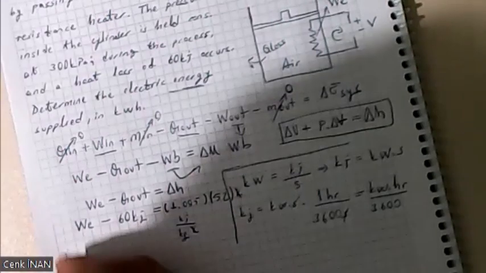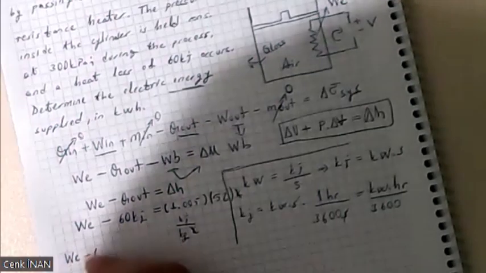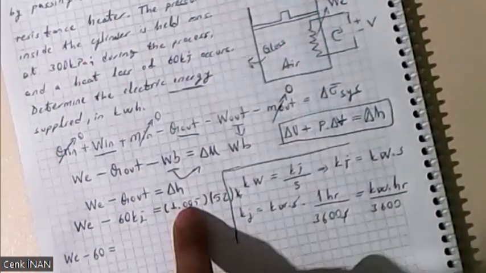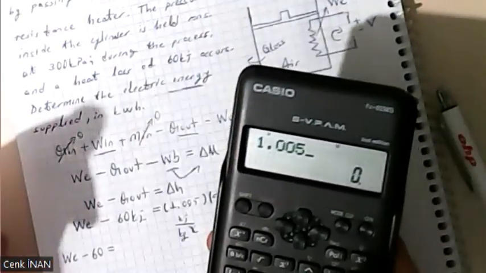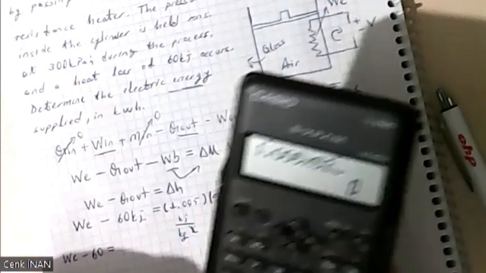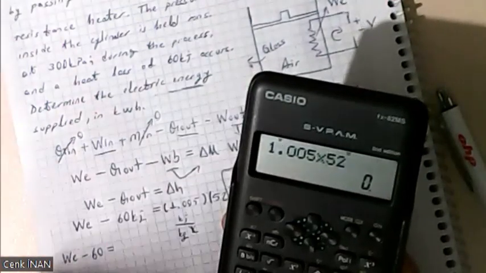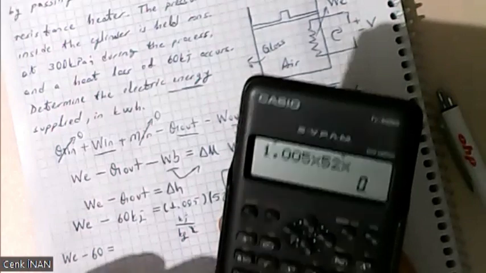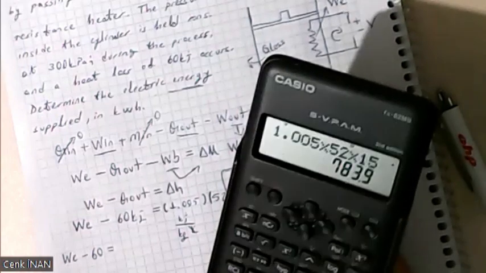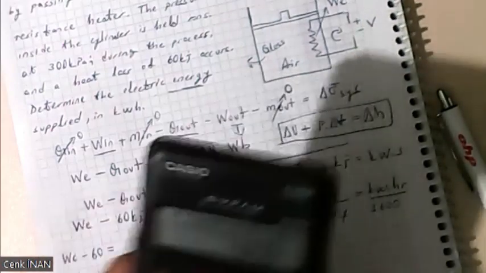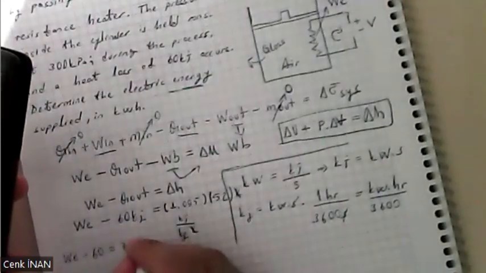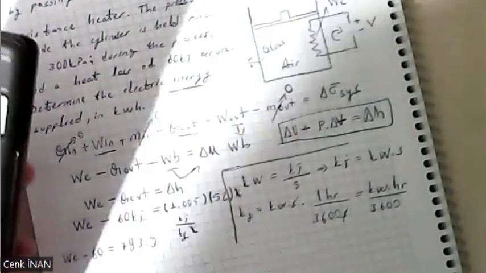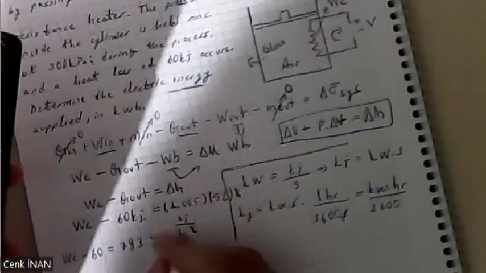So we have electrical work minus 60 equals 1.005 kilojoule per kilogram times 52 times the mass. Consequently we have 783.9 kilojoule.